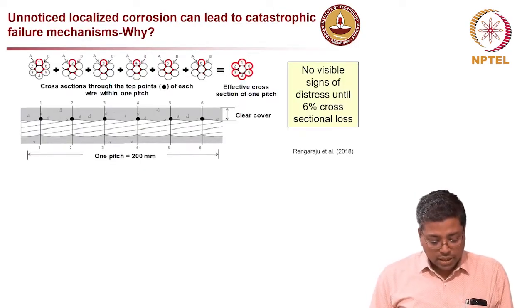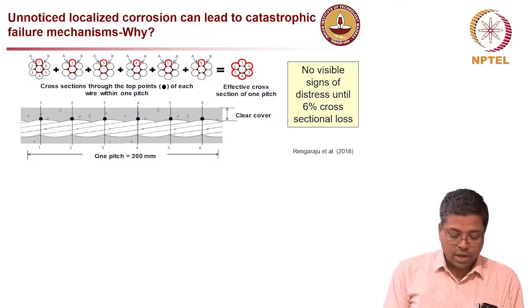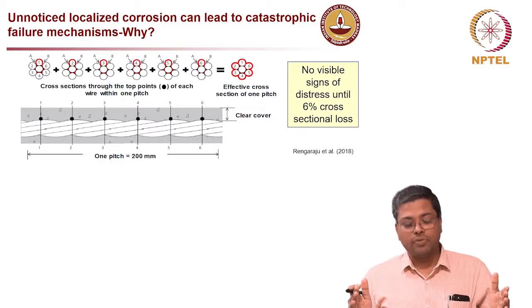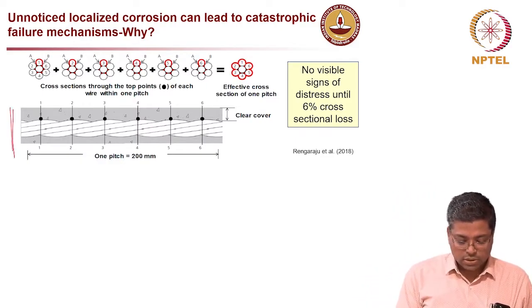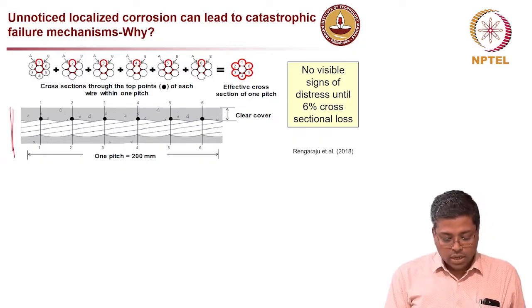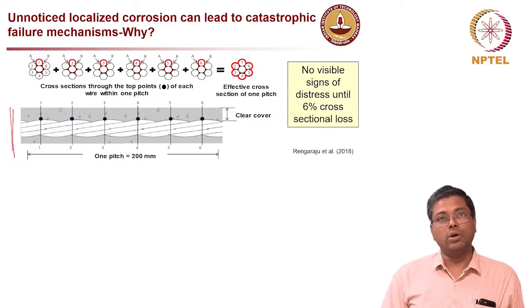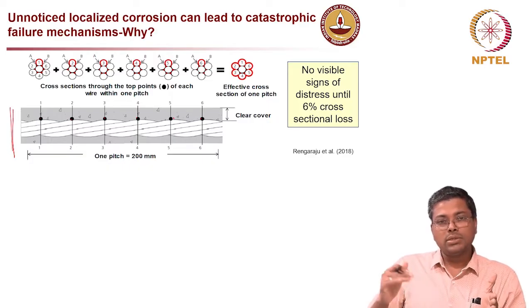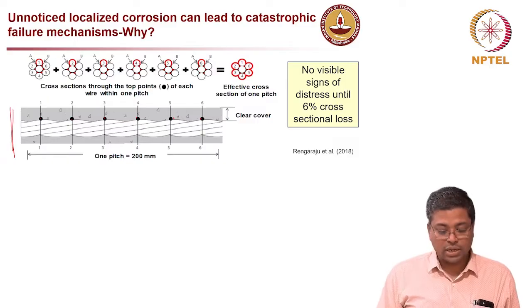Another thing which can happen in the case of post-tension or pre-stressed concrete systems is, as you see on this image here, if you take one pitch length of the strand shown in this sketch, you can see that all 6 wires are actually getting corroded. In one pitch, all the wires reach the top surface, and those portions are getting corroded.